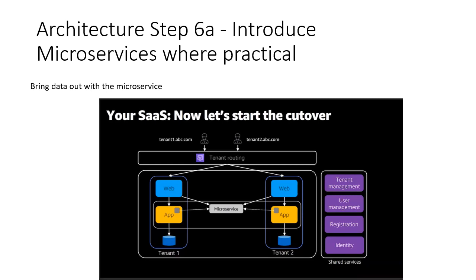And it can be called from any tenant, any application and any web application. Usually it's exposed via some sort of API, normally a REST API: get, post, put, patch, delete. So that's what a microservice is.